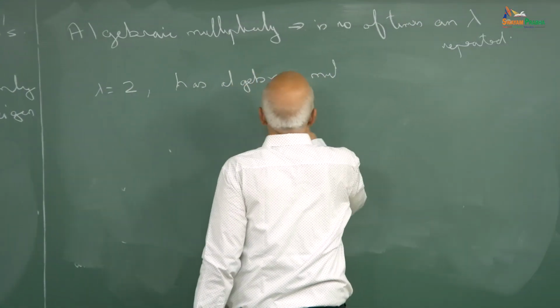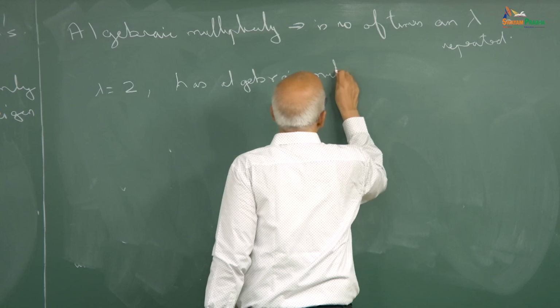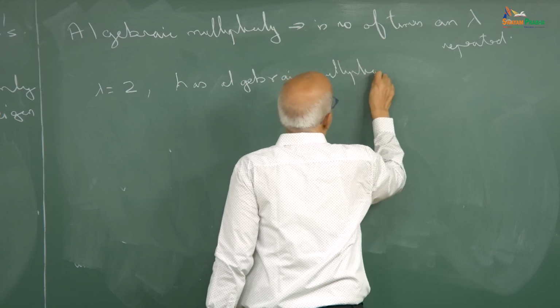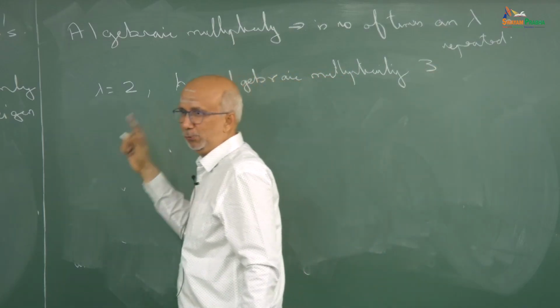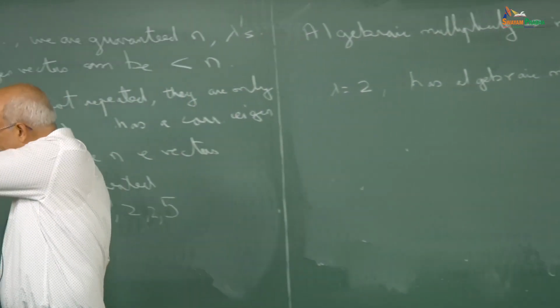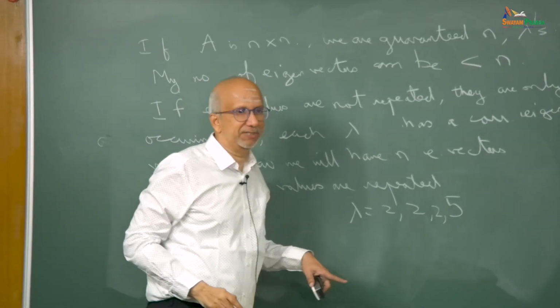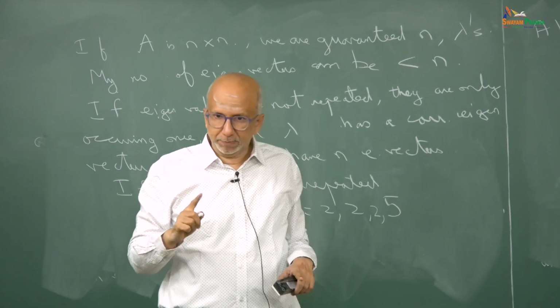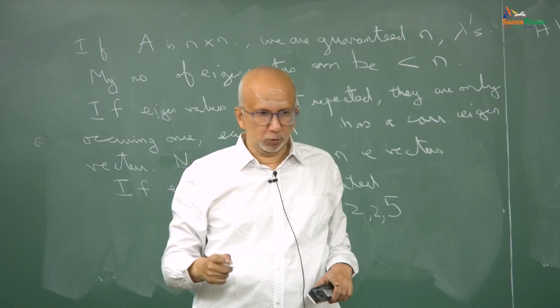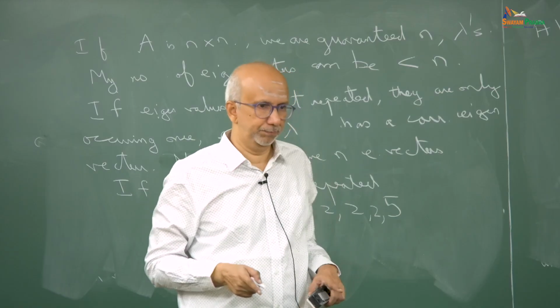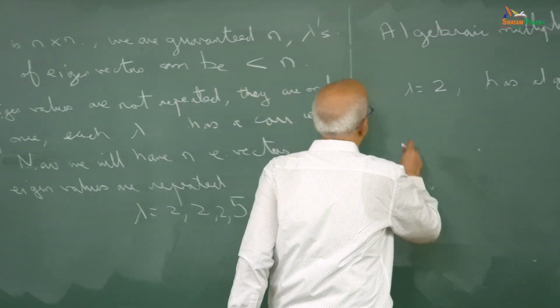Lambda equal to 2 has algebraic multiplicity 2. What is the algebraic multiplicity of 3? The geometric multiplicity is the number of eigenvectors which are associated with an eigenvalue.